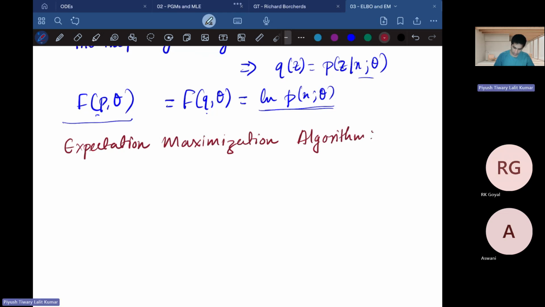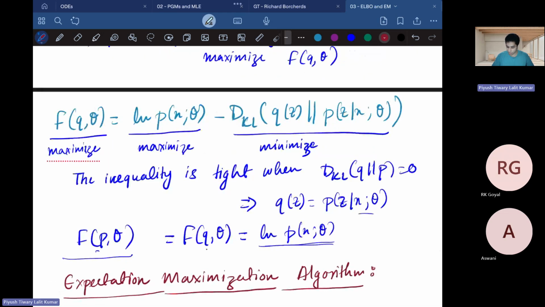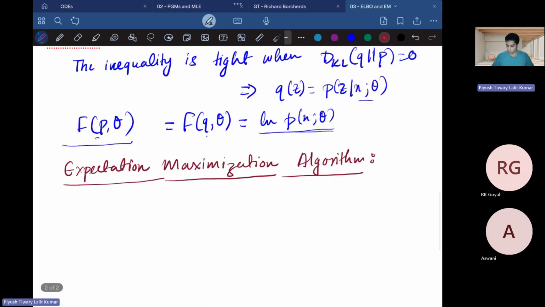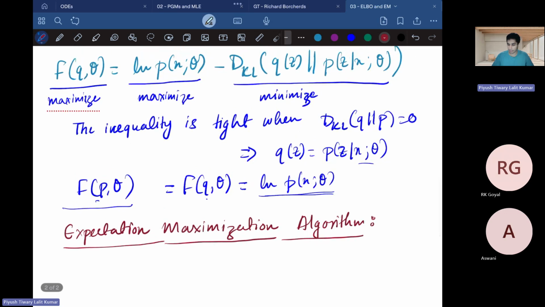Usually I think people don't talk about the EM algorithm when teaching generative modeling, but I feel that there is a flow to all of this, right? Starting from MLE, coming to ELBO, then going to EM, then we will see the shortcoming of EM, and then we will see variational inference, and then going all the way to VAE.